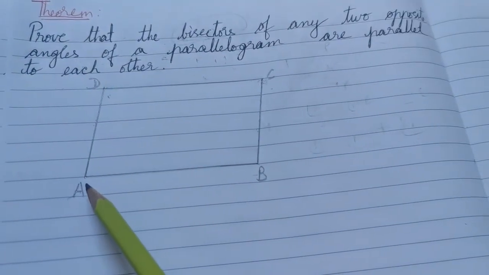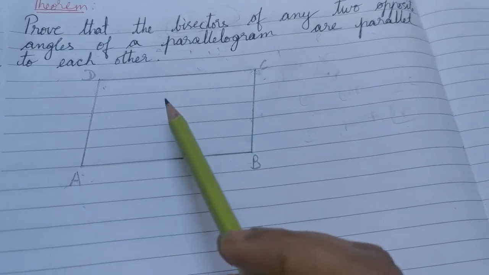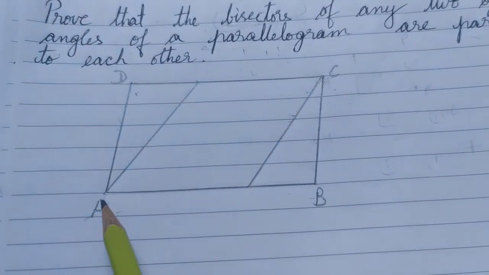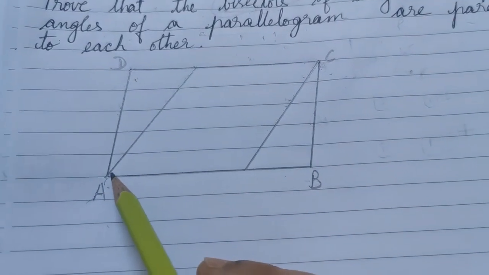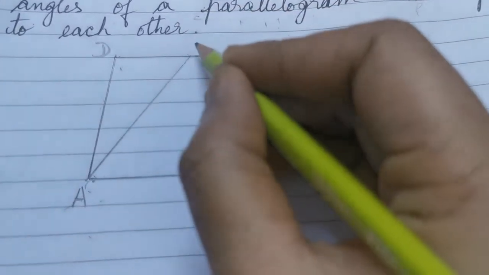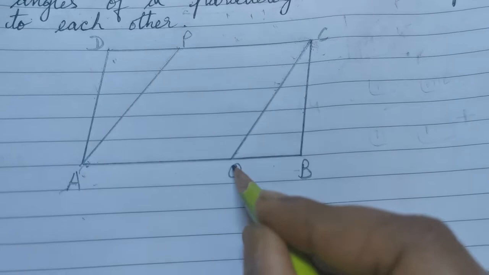Here I am taking the pair A and C. So I will draw the angle bisector for A and the angle bisector of C. So now I have drawn the angle bisector of A and the angle bisector of C. Let me name them AP and CQ.